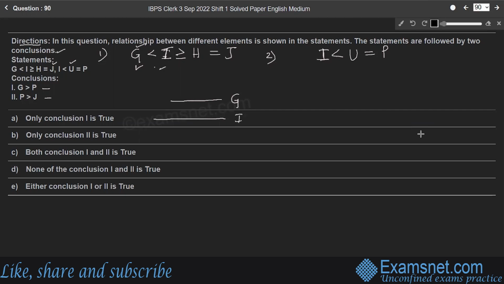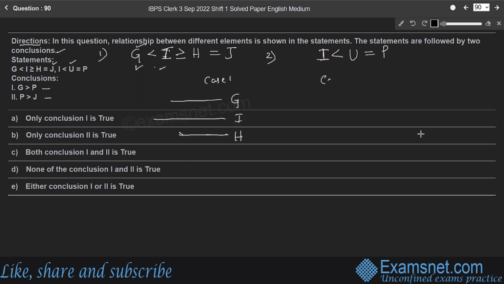Next part, I greater than or equal to H. So in the first case, I'll consider this as case 1, I greater than H. So I'll consider a line H where I is greater than H.